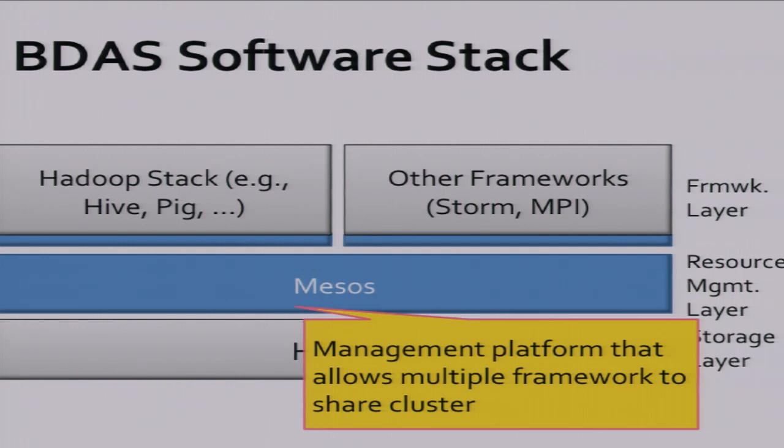By having a small shim layer for the existing frameworks, we allow these existing frameworks and their applications to run and share the same cluster. So you can have multiple HDFS instances of different versions running on the same cluster, or you can have Hadoop running side by side with other frameworks like Storm and MPI.